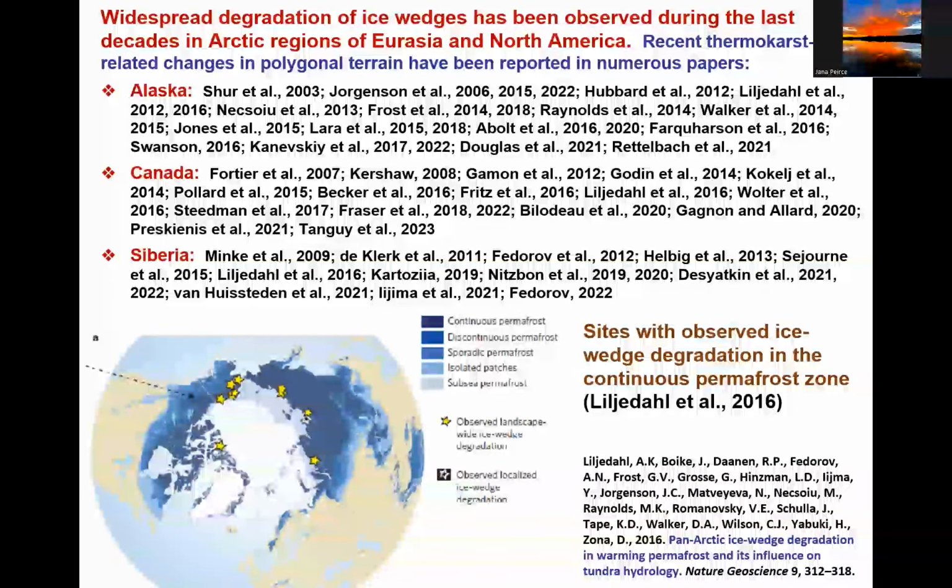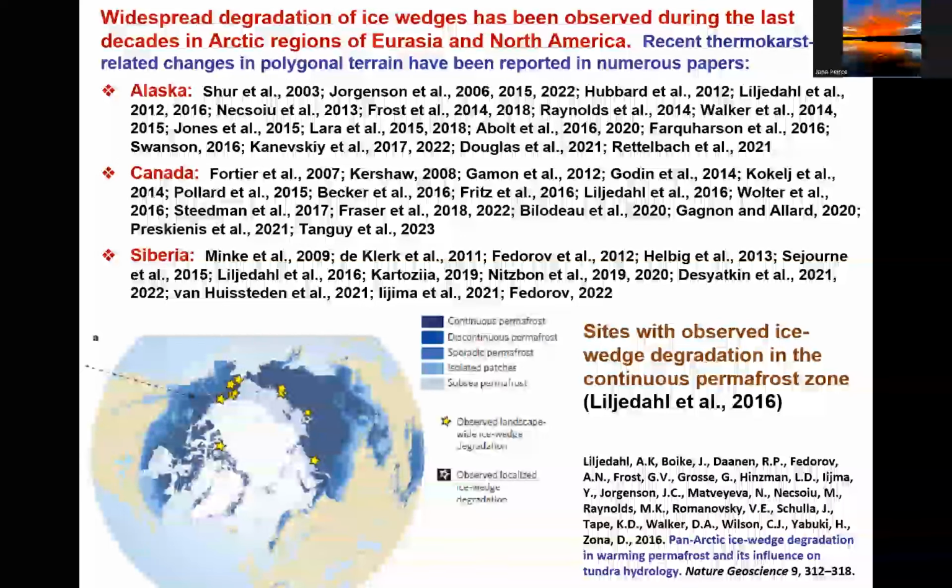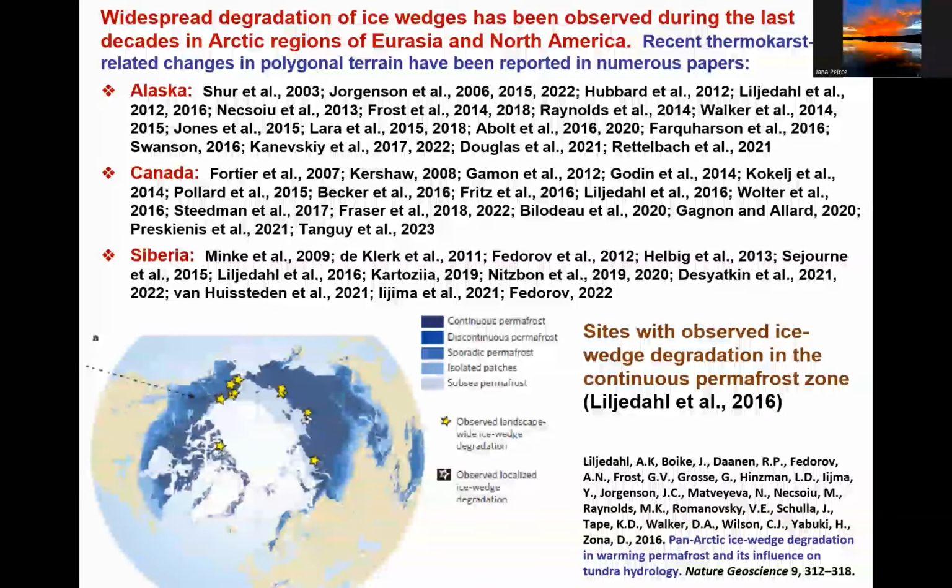And after that, there are dozens and dozens of publications, lots of observations of widespread ice wedge thermokarst everywhere in Siberia, in northern Canada, of course, in Alaska.